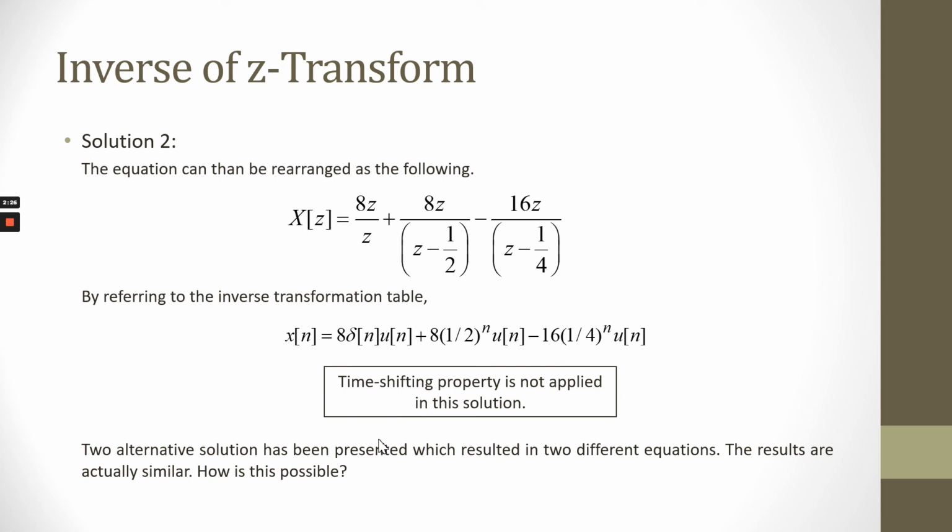Okay, based on the 2 solutions shared for this example, which resulted in 2 different equations, the first one involves the time shifting property and the second one does not involve the time shifting property. So the results are actually similar. You need to find out how it is possible that the solutions from technique 1 and technique 2 are similar.